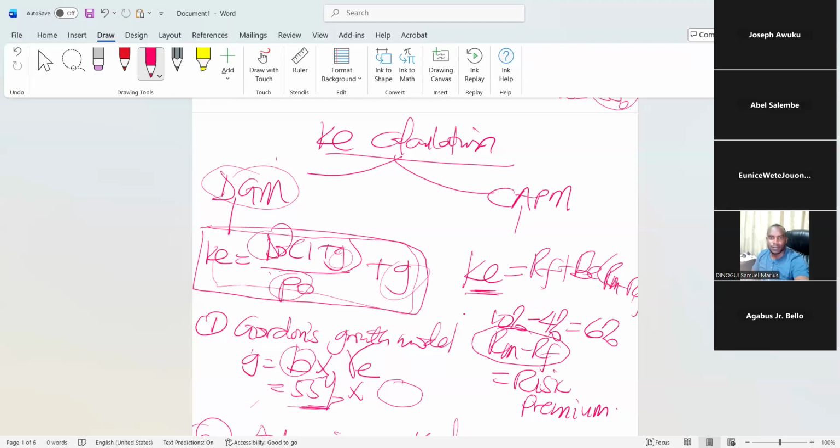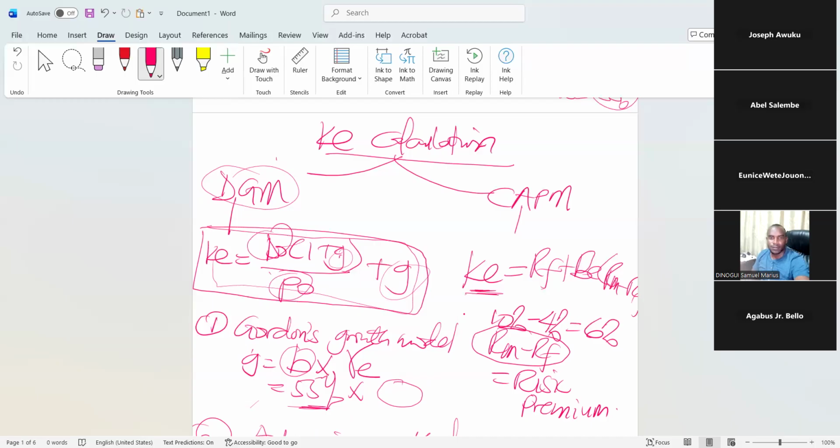He can even give you the growth rate itself, or he may not give you the growth rate, but just like the assignment, he has given you some dividends. Then you know that I need to calculate the growth rate. Then for the growth rate, am I going to calculate it using the Gordon's growth model, b times re, or am I going to use the averaging method? So you need to know.